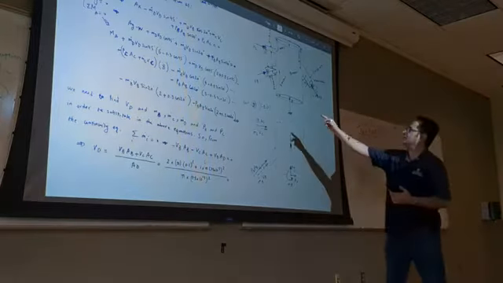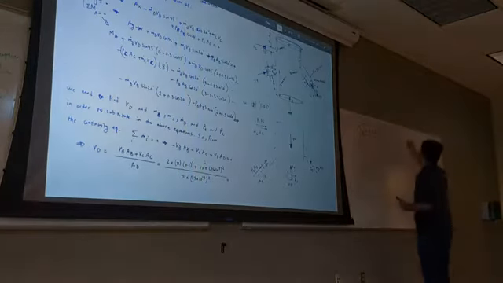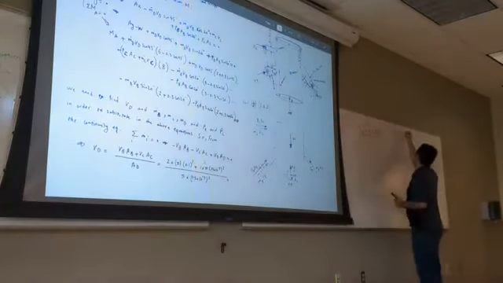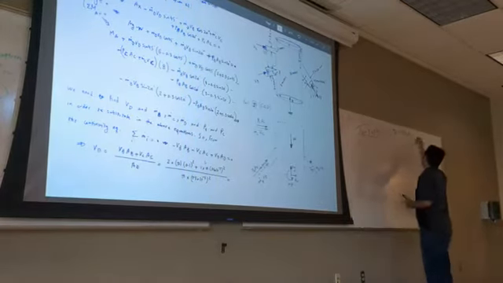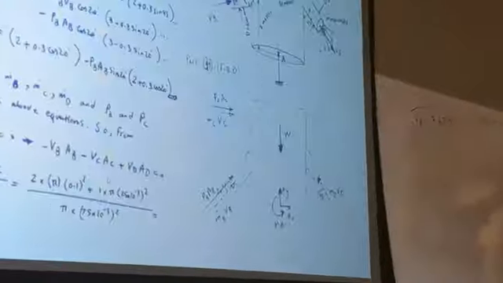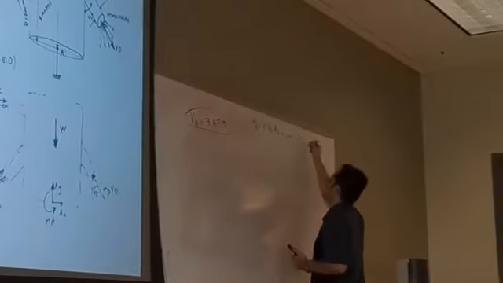What point is that, B? m dot B is rho B times VB, 1000 times VB was 2, right?